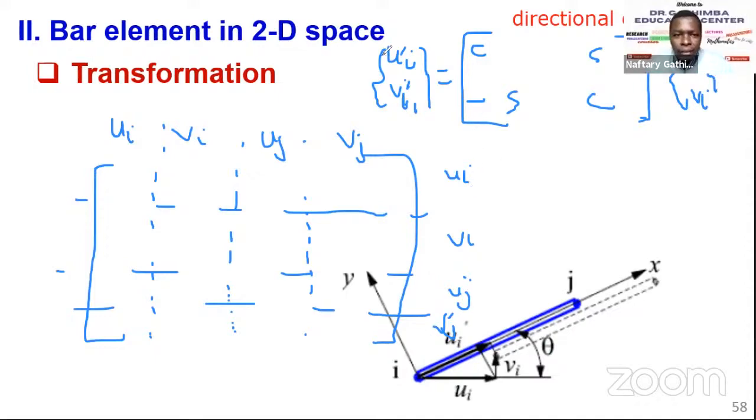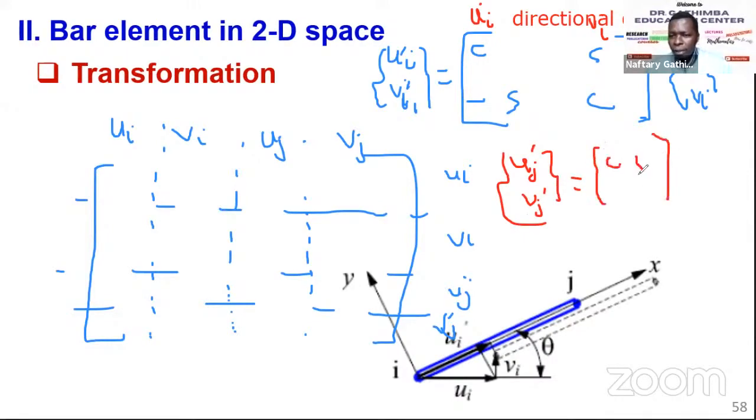So what does this tell you? Of course, this is UI and this is VI. Same case for the second node: you have UJ prime, VJ prime equal to the same matrix, the cos, sine, minus sine, cos, times UJ, VJ, when you do that derivation.